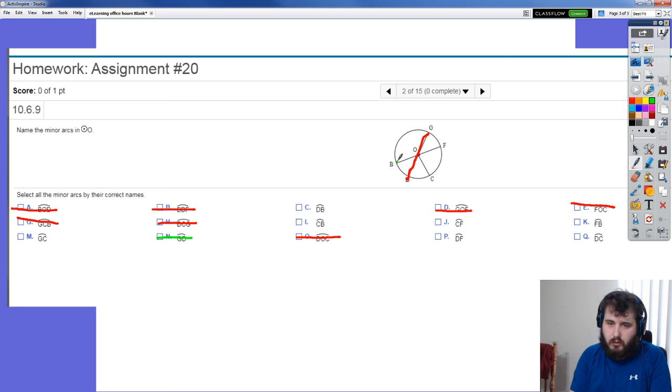Now here's another diameter, right? That diameter goes from B to F. So the arc BF is also a semicircle. The arc FB is also a semicircle. So let's look for BF and FB. Oh, here's one.